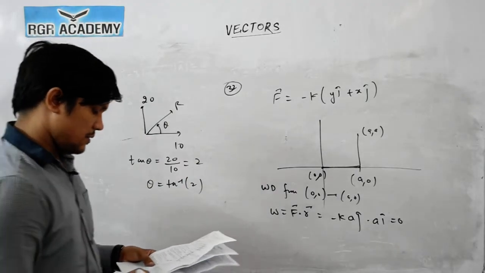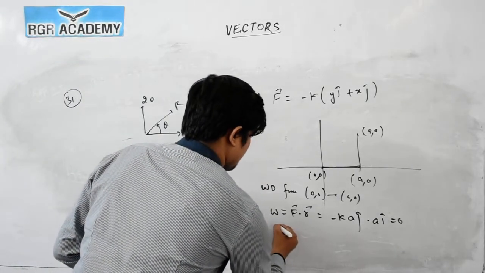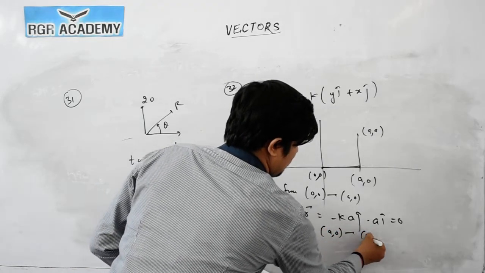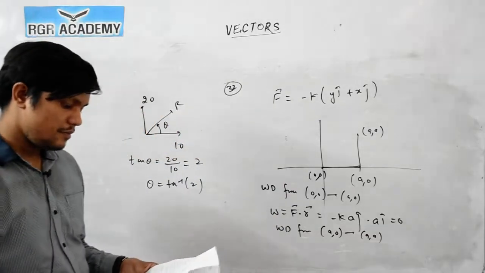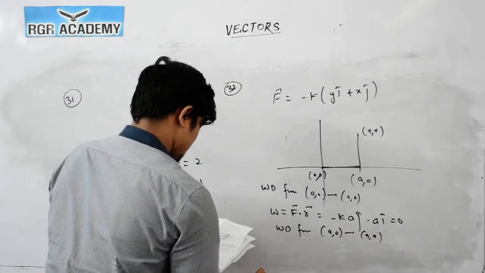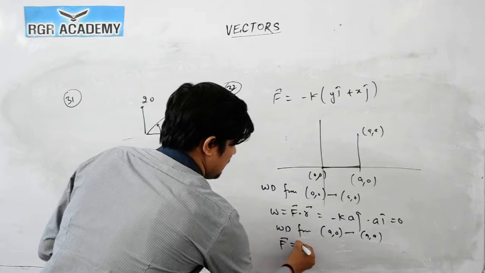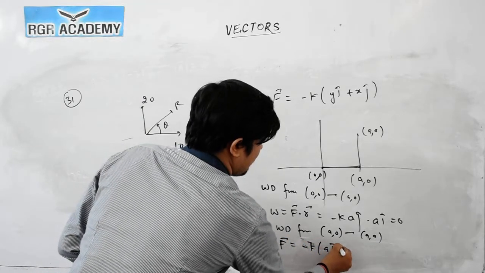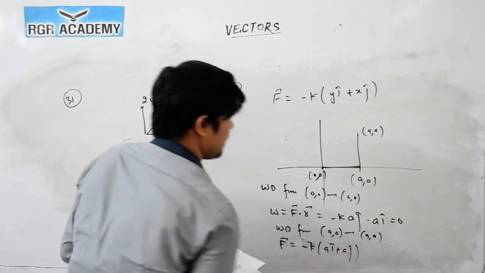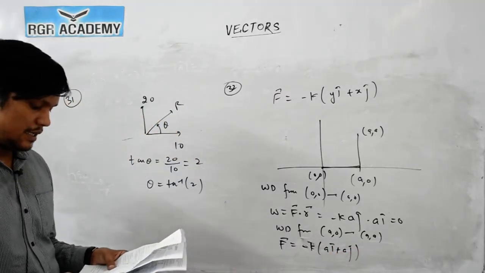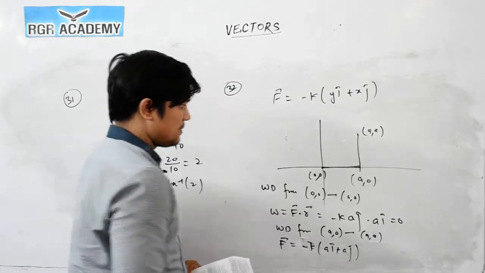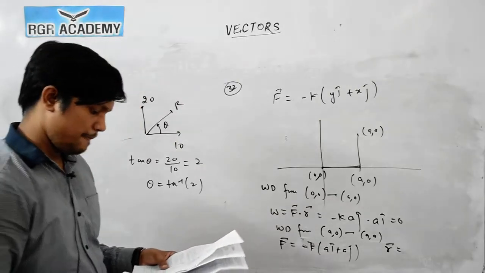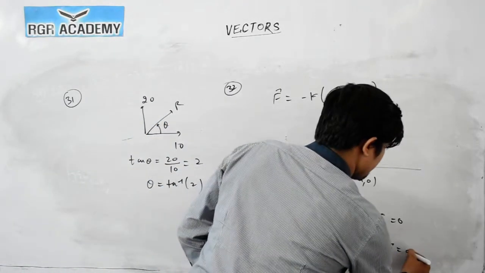Now the work done from a comma 0 to a comma a. In this case the force will be equal to minus k a i cap plus a j cap, and the displacement r vector will be equal to a j cap.